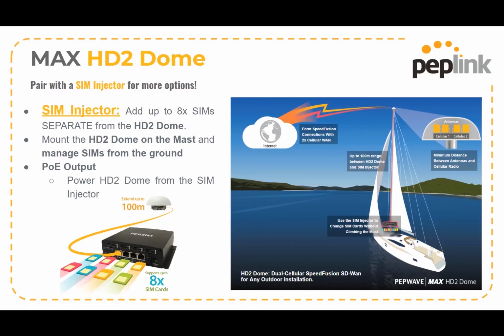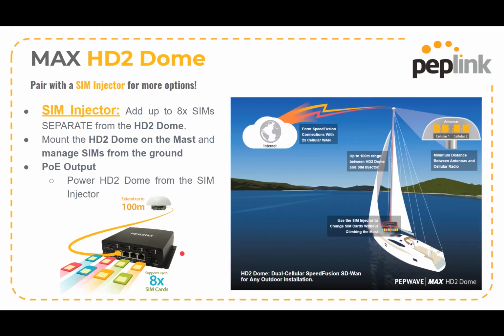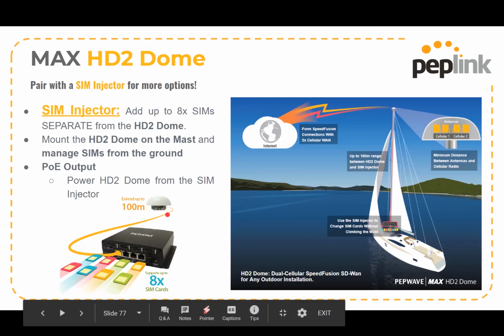Our SpeedFusion technology will allow the router to switch SIM card and carrier service based on detecting roaming or GPS fencing that's built into the device, and allow you to maximize cost savings from carriers through our network solution. And the SIM injector can be paired up with other devices in our family. It's not just limited to the HD2 dome.